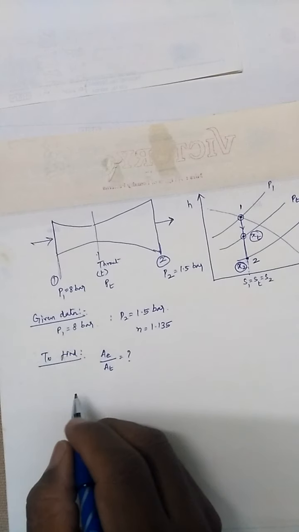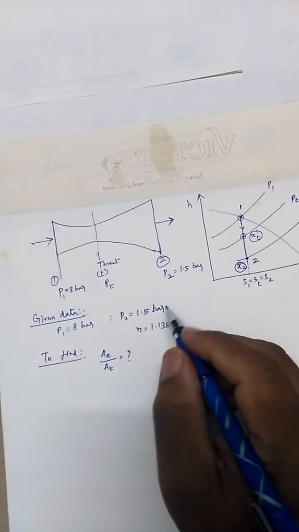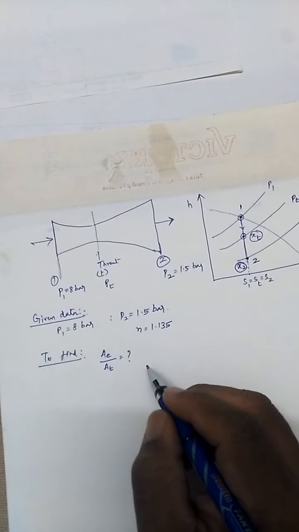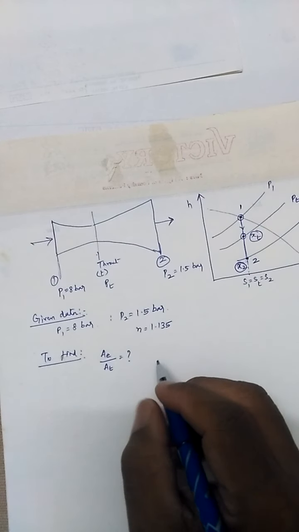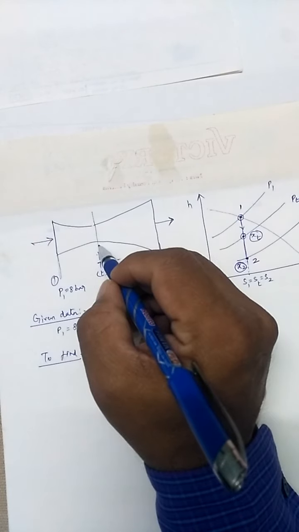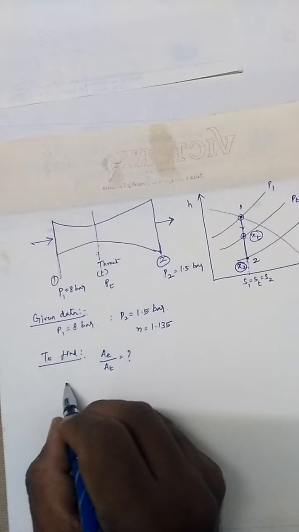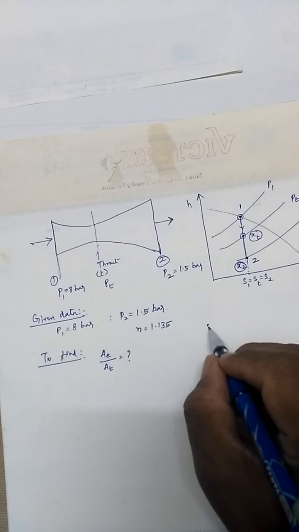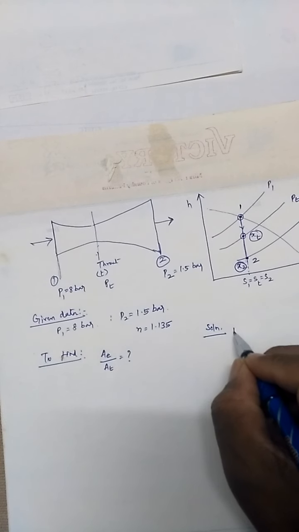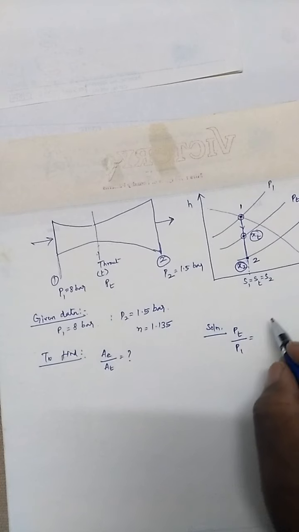The PT value is not given, but it is given that we are to find the maximum discharge. So the critical pressure ratio should be used at this point. So the solution: the throat pressure divided by the inlet pressure is the critical pressure ratio.